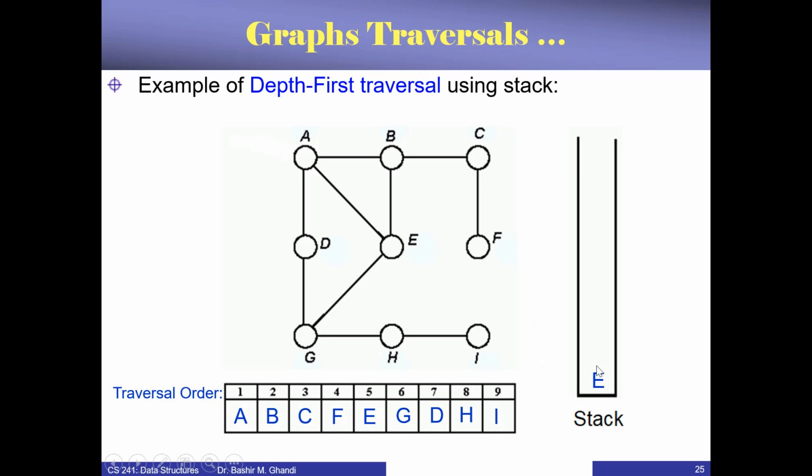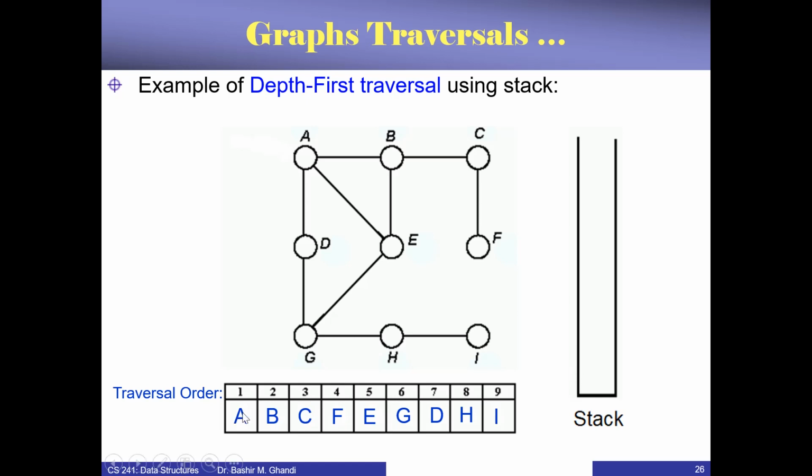The same thing here, E, when we pop, we have to check, has it been visited? Yes, it was visited before. So don't visit it, just throw it away. Okay, and now the stack is empty, so our traversal will terminate.